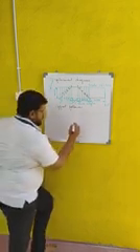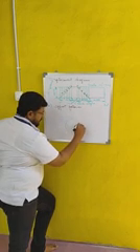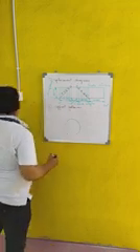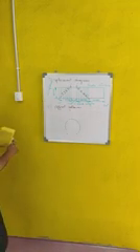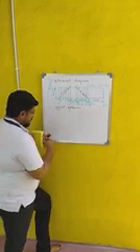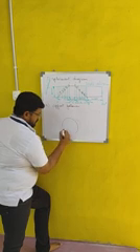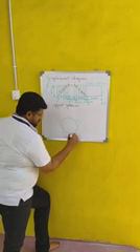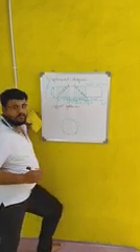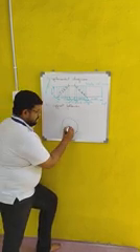Now, what is the radius of the cam given? 50 mm. Therefore, once again we have to draw a circle of the given radius 50 mm from some center.